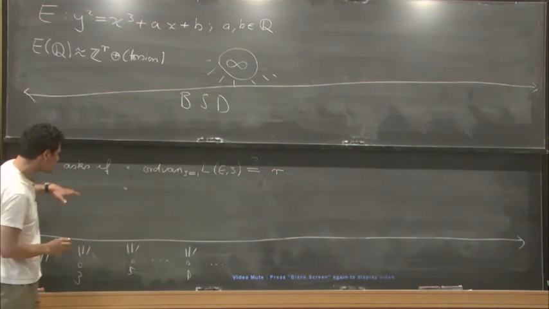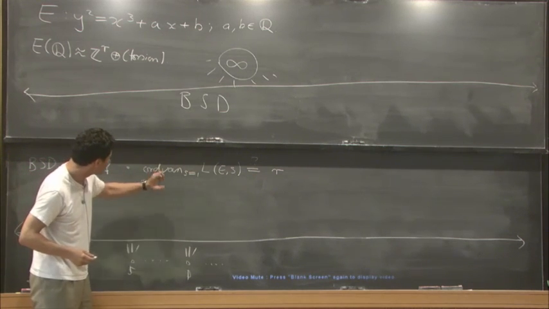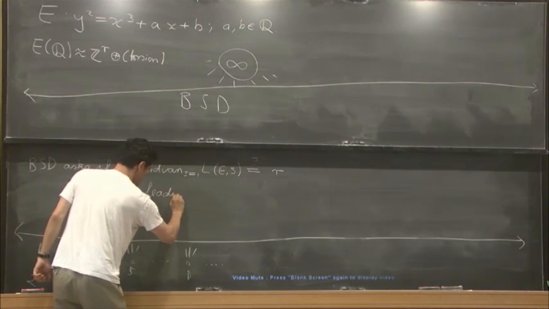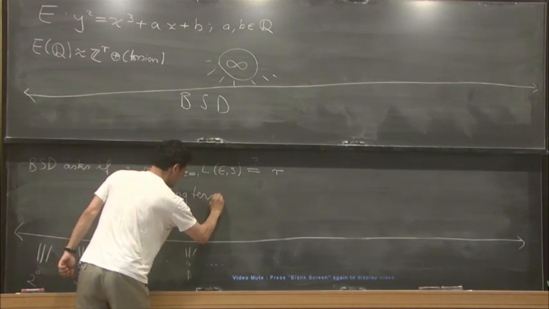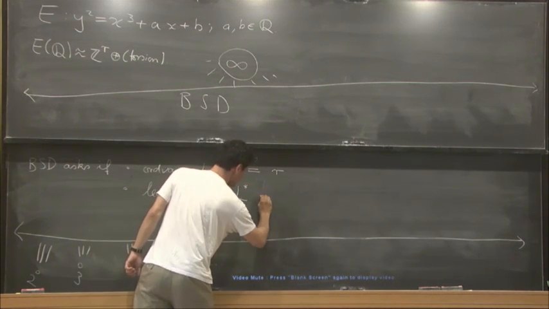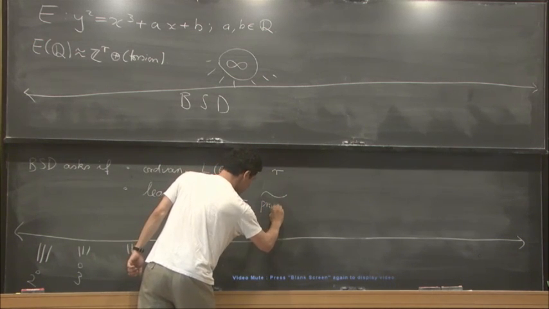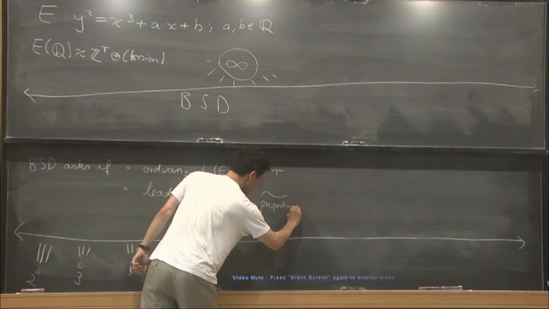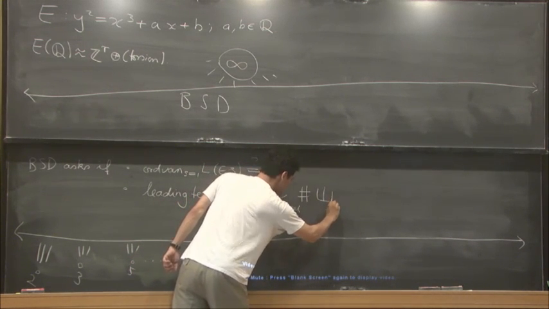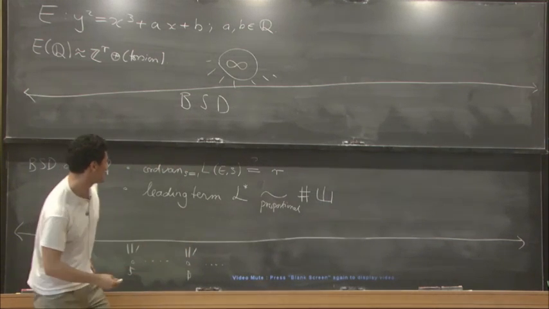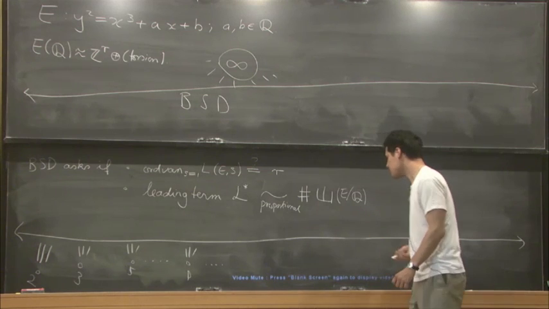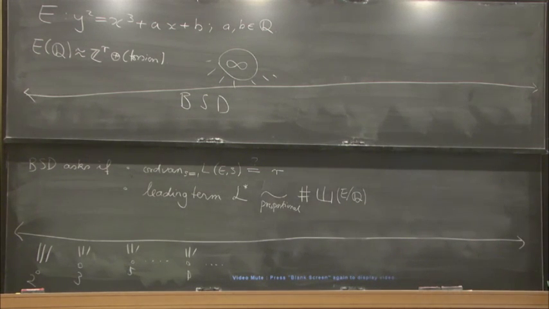And once we've written this out as a nice power series, we're interested in the leading term. We denote this by L star. And this should be proportional to the size of Sha, assuming it's finite.